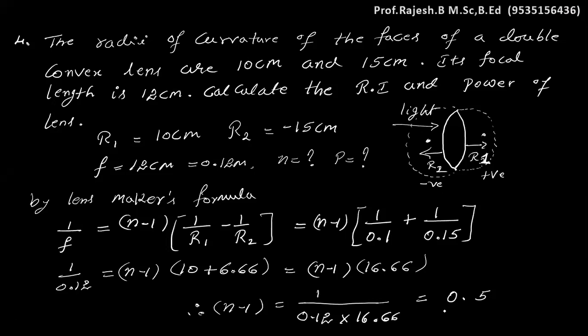This is the n minus 1 value. Therefore, n becomes 1 plus 0.5, so that is equal to 1.5. This is the refractive index of the material.